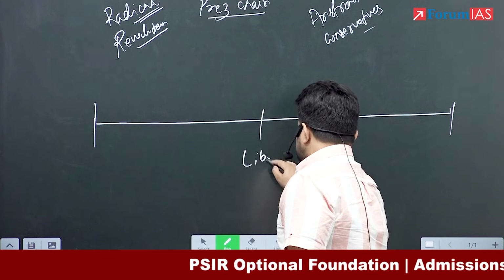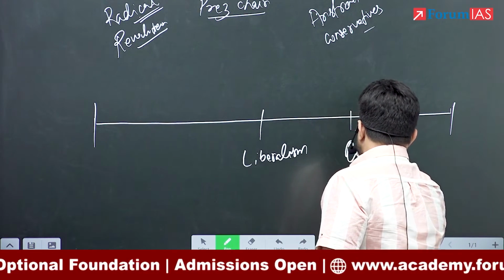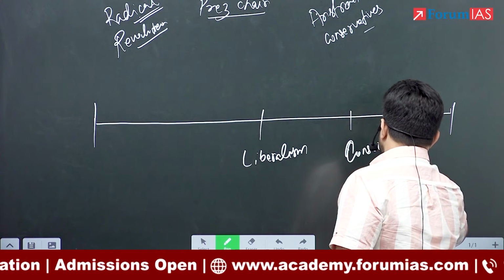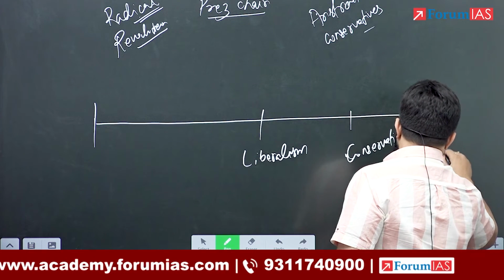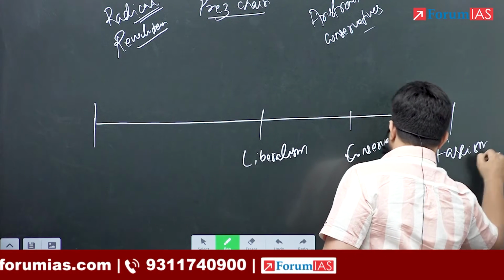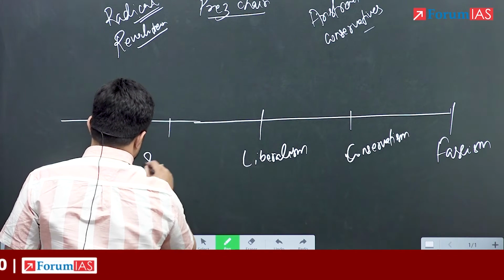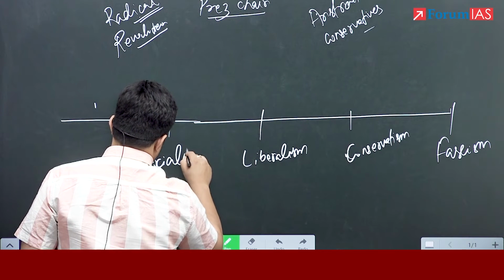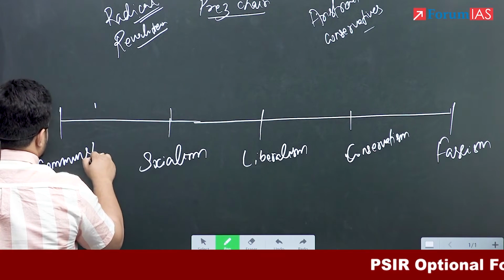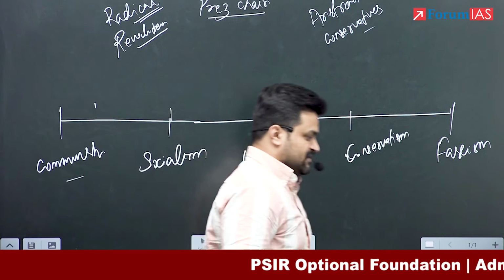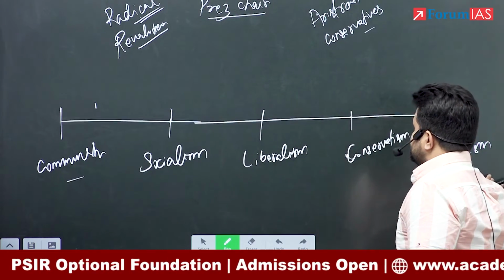Okay, so you have liberalism here, then you have conservatism, here you have fascism, socialism, and communism. So I made this linear spectrum just below this particular division that you have seen already.